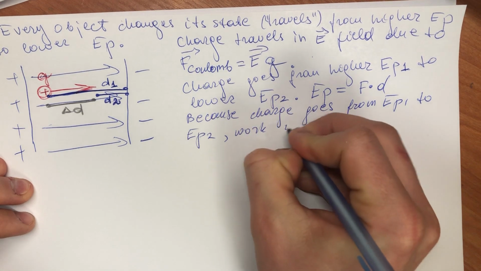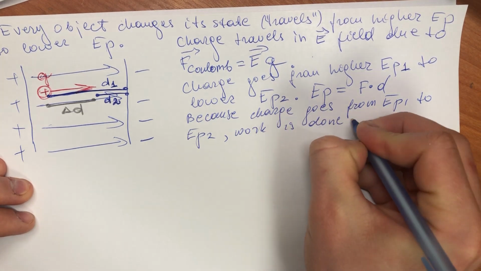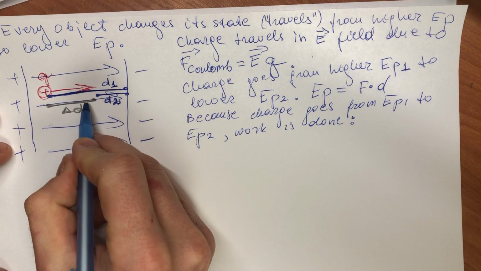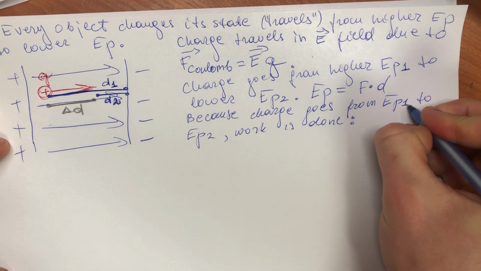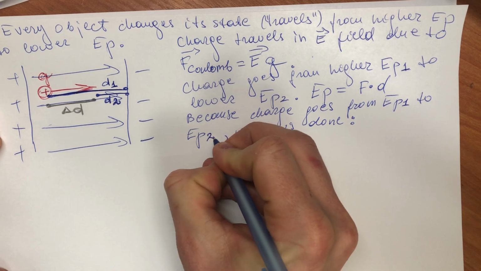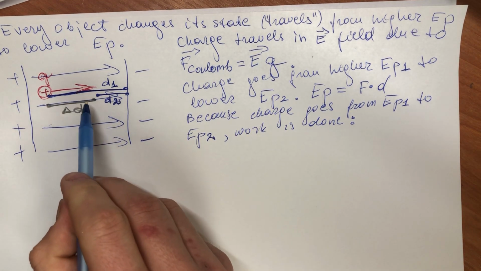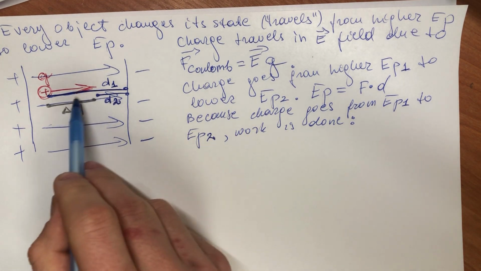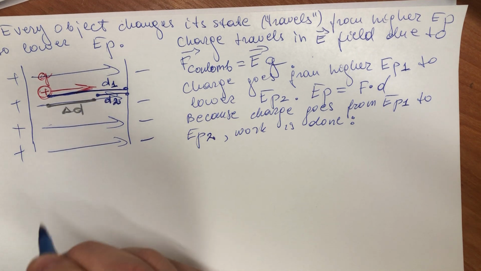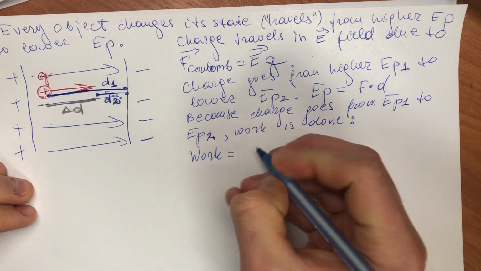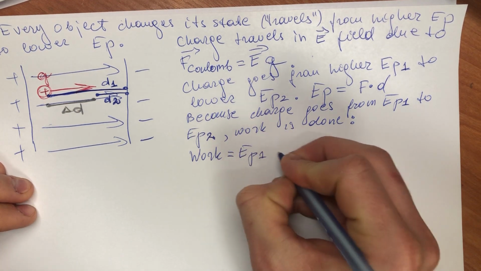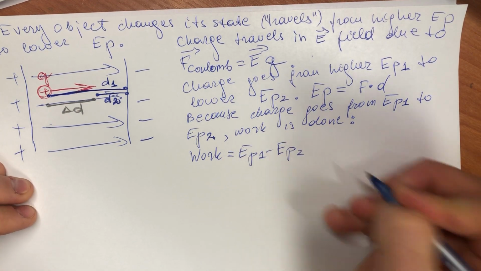Work is done. This charge has speed, it has kinetic energy, so potential energy turns to kinetic energy, and this kinetic energy can be turned to work. This charge may push something, yes? So work is done, so we write work equals EP1 minus EP2.